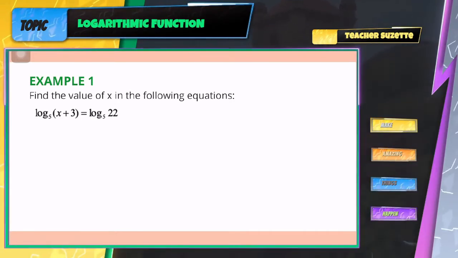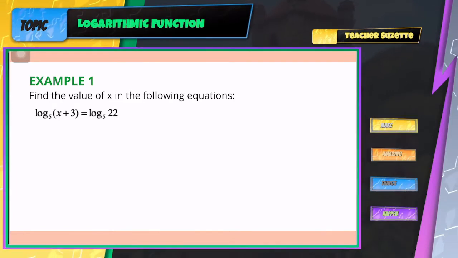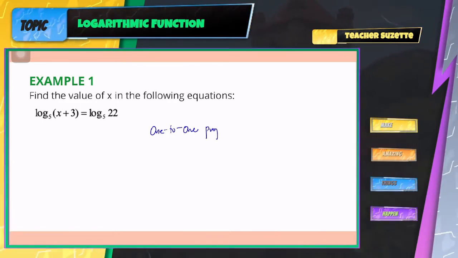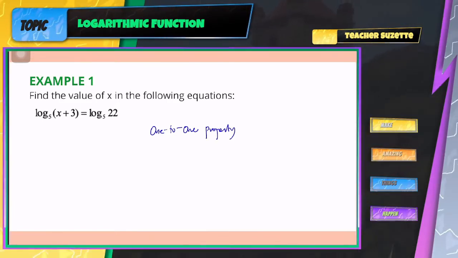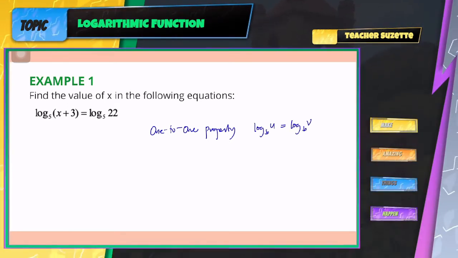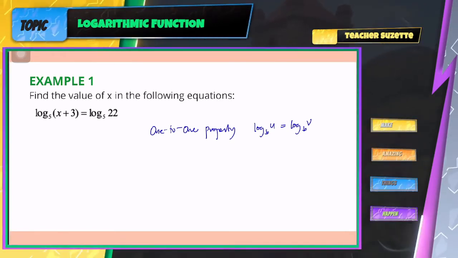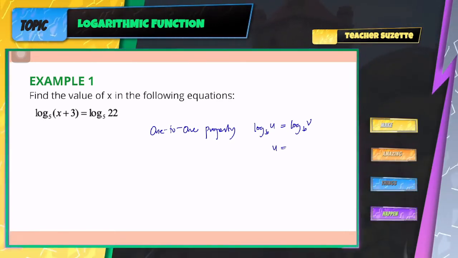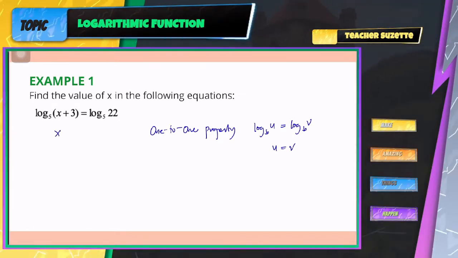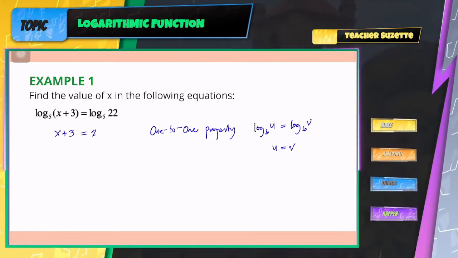When you say one-to-one property, it states that if you have the logarithm of u base b equal to the logarithm of v base b, with the same base, you can express it simply as u equal to v. So, ganun din po gagawin natin. We will have x plus 3 equal to 22.